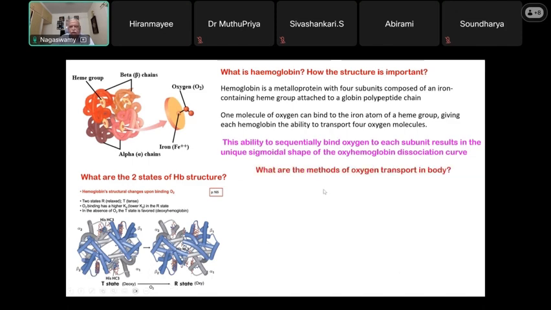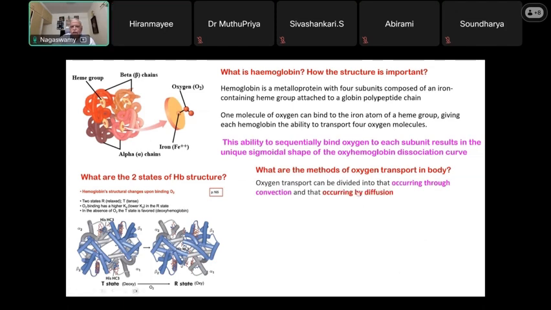And what are the methods of oxygen transport in the body? What are all the means by which it is transported? Main transport is hemoglobin, which we have already seen. Any other method? Dissolved form.